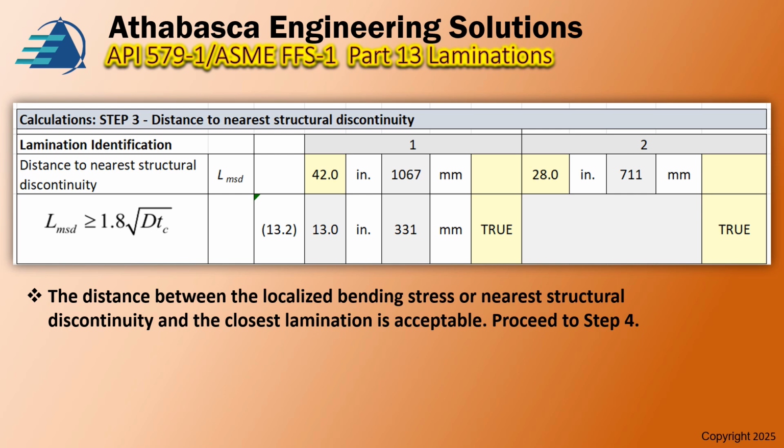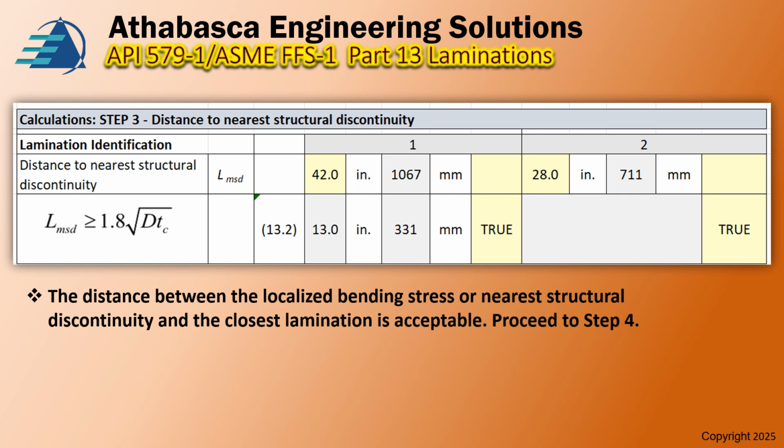Step 3, we're going to check the distance to the nearest discontinuity to see whether that stiffening effect and the local stresses as a result can affect the evaluation of lamination. So we have this equation, and this equation is the same one that we use for dents. And we do the assessment where this is a given value in the inspection report.